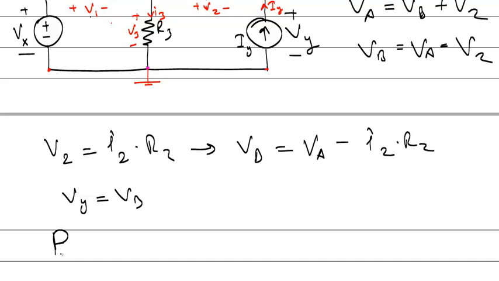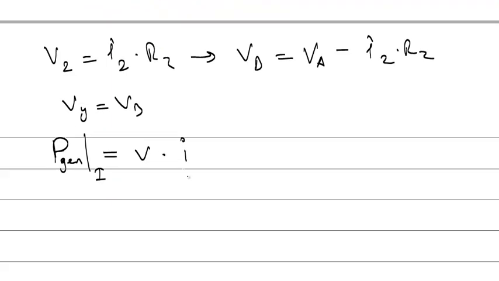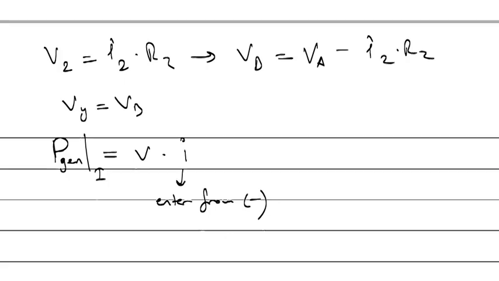Power generated at the current source, I source. It's equal to voltage times the current. But that current should be entering from minus. Generated power means the current is entering from minus.